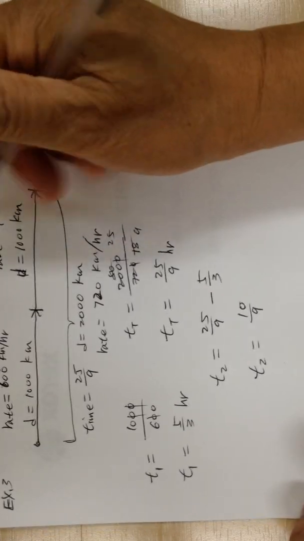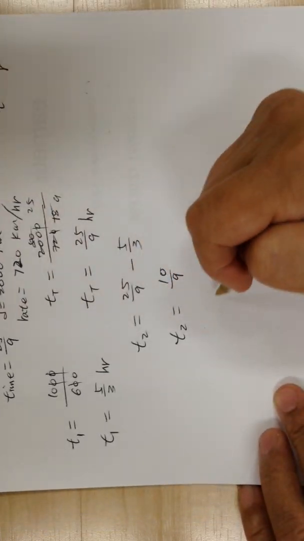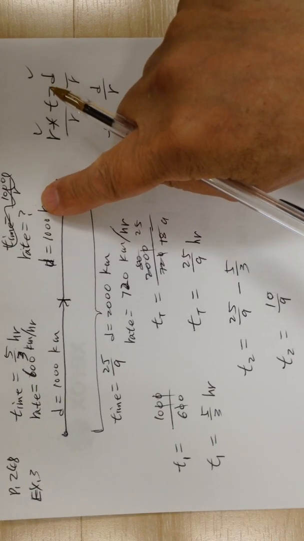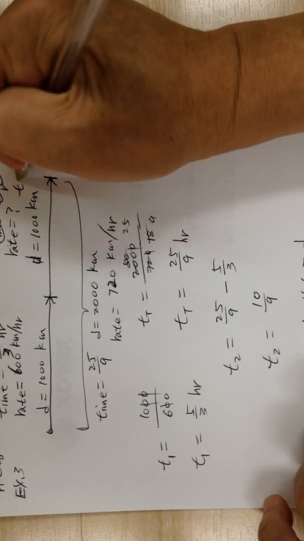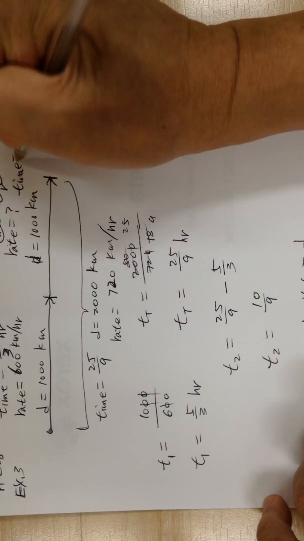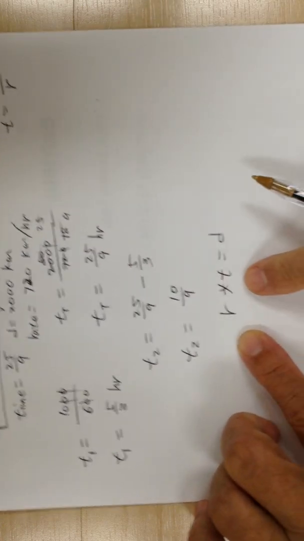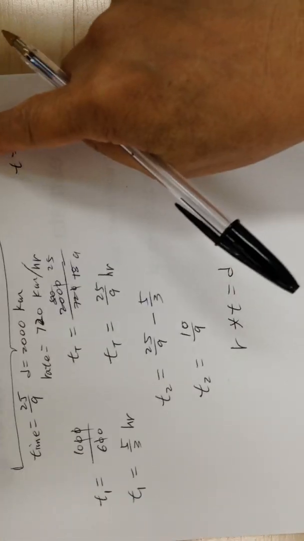So from here, now we can figure out the rate, because r times time equals distance. We just found the time equals 10 over 9, so we can use this information to find the rate. You're just using the equation over and over.